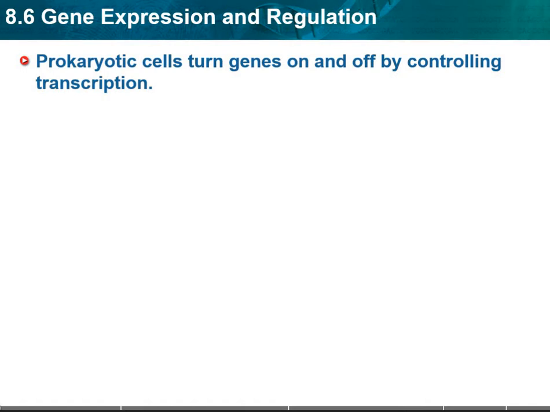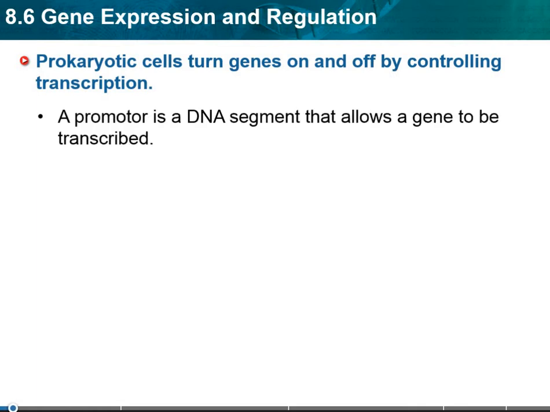Part of that is what's known as a promoter. A promoter is a DNA segment that allows a gene to be transcribed. Basically it says, here's where the RNA polymerase needs to attach. The operator is part of the DNA that turns the gene on or off.